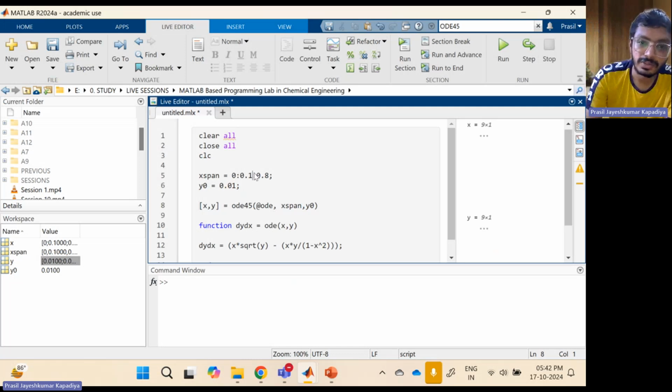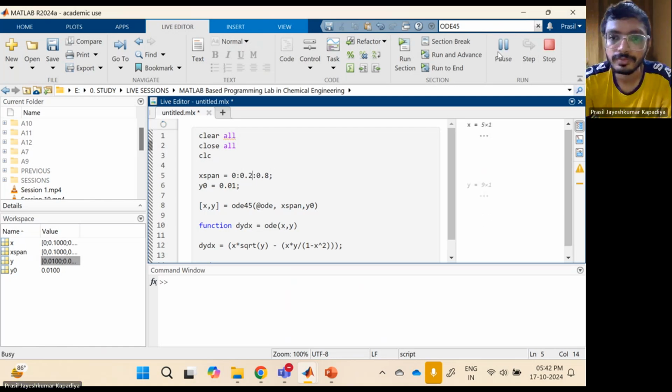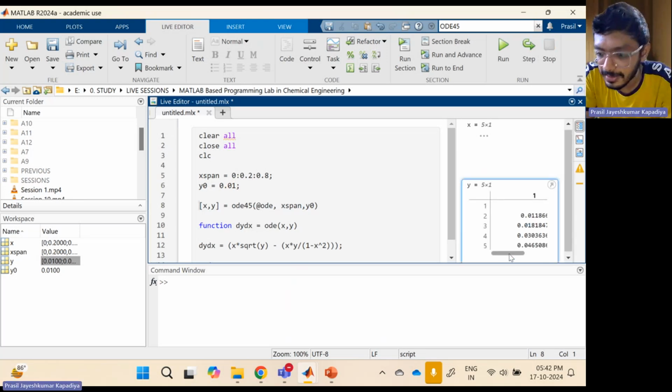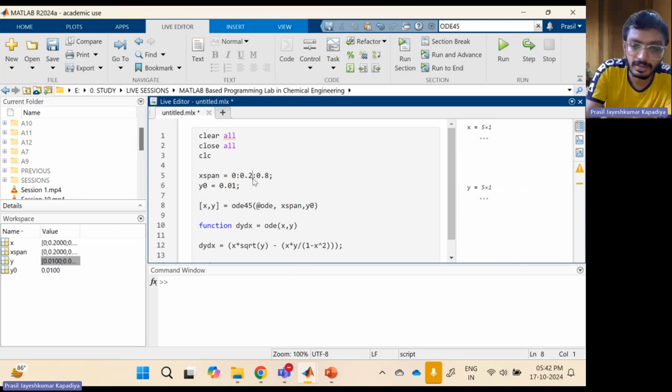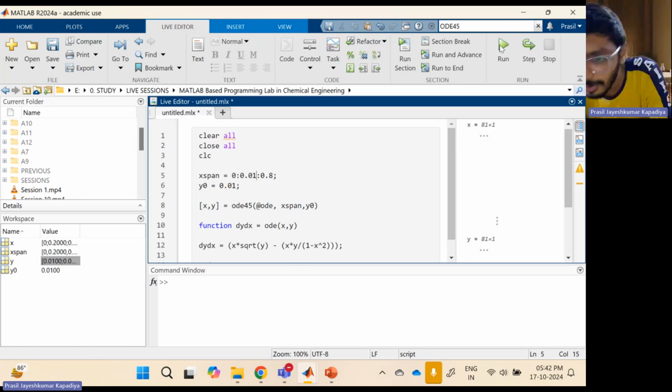If I further reduce the step from 0.1 to 0.01, let's say I'm doing 0.2. So see, for 0.2, my answer is the same, 0.0465. If I further reduce the steps, it will take some time to solve it.